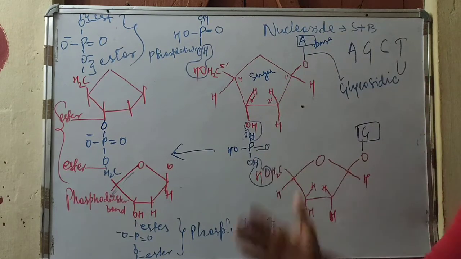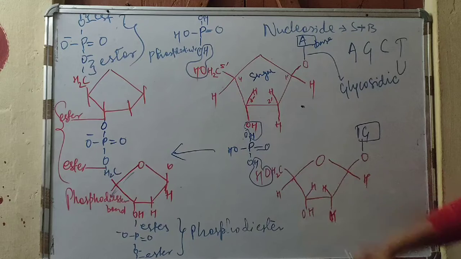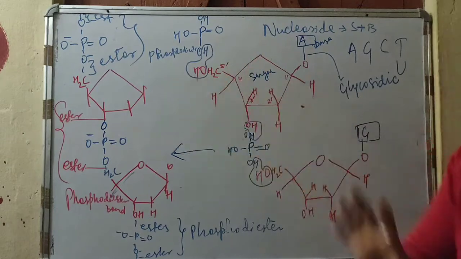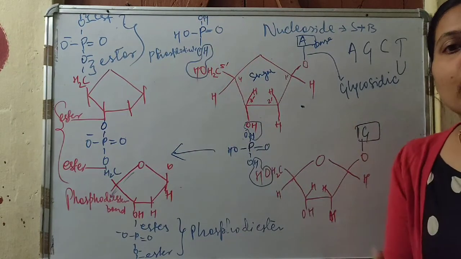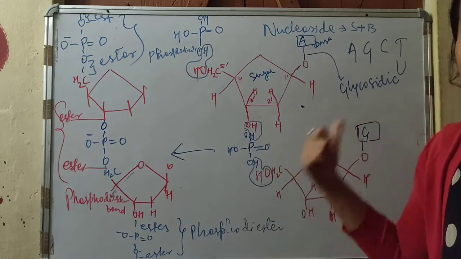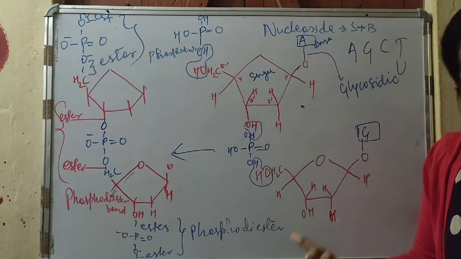And in this way they will form a bridge. And how is the bond formed? There will be the release of a water molecule when the phosphate binds to the nucleoside, right?